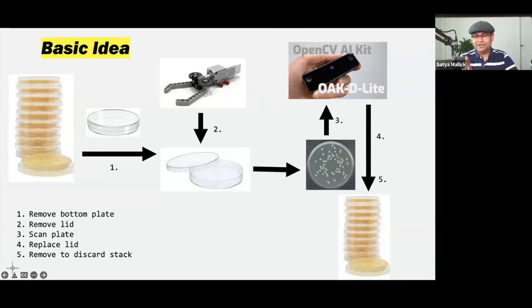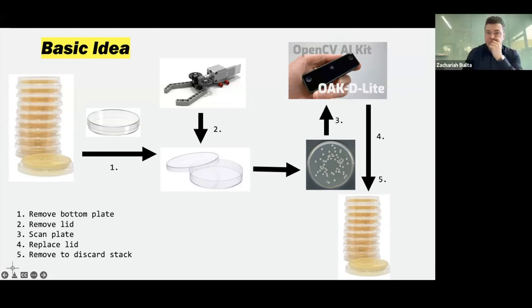Can I give a suggestion? I have not seen the rest of your slides, so I don't know whether you have already come up with a solution. But one solution in this case, and correct me if I'm wrong, this is completely transparent, right? Yes. Backlit. So if you put this against a monitor in a black room, to test whether it will work, go into a dark room, turn on the monitor, make the monitor white, put this against it, and take a picture.